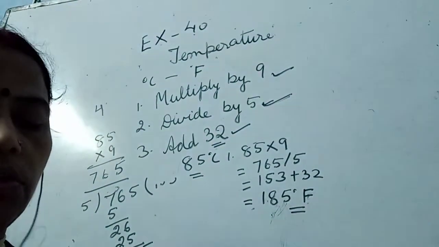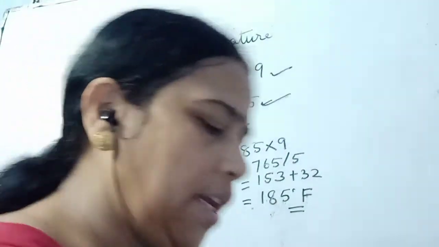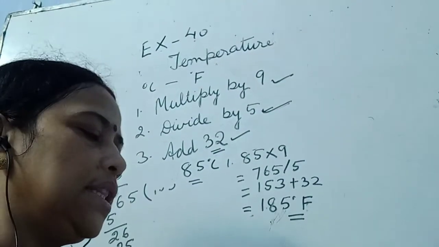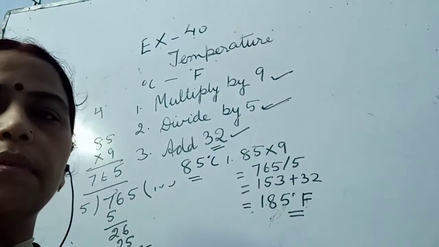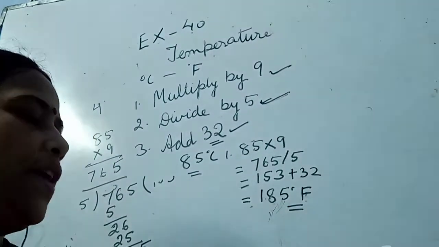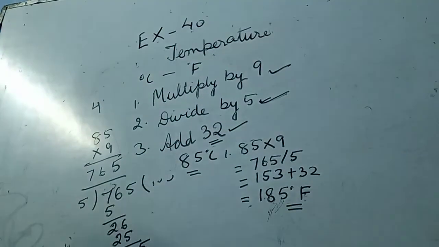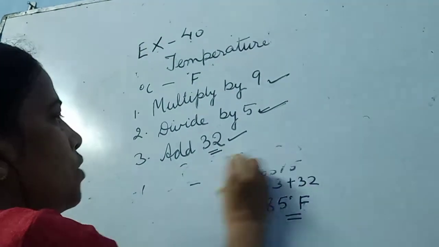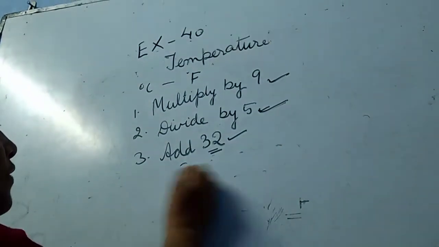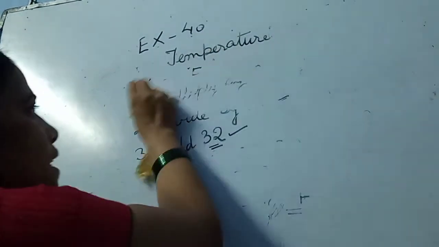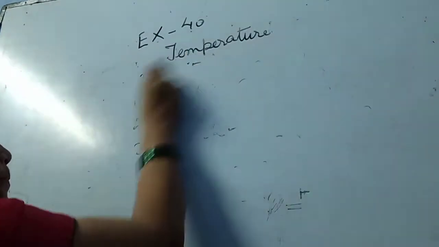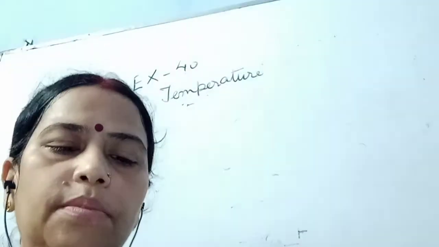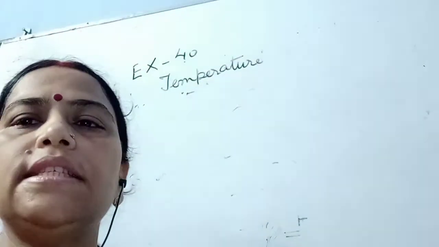We are going to deal with question number 5. In question number 5, what do you see? The temperature of an object is found to be 167 degree Fahrenheit, and we must find its temperature in degrees Celsius.